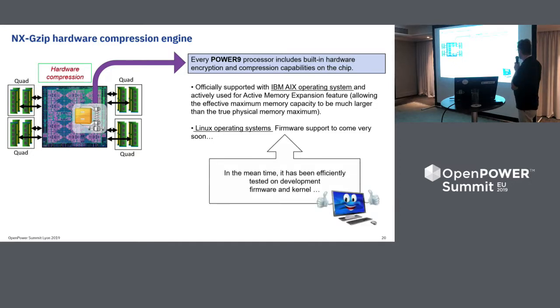So we obtained the promise that IBM will provide an official firmware that you can install on the machine, that will offer you, we'll see in a minute, the access to this compressor, which is available already when you purchase the power system or OpenPOWER system.